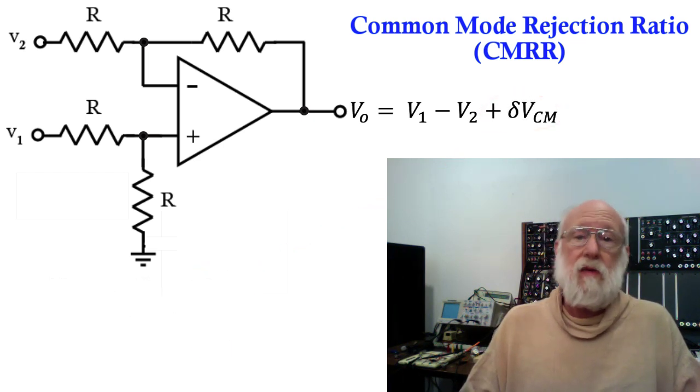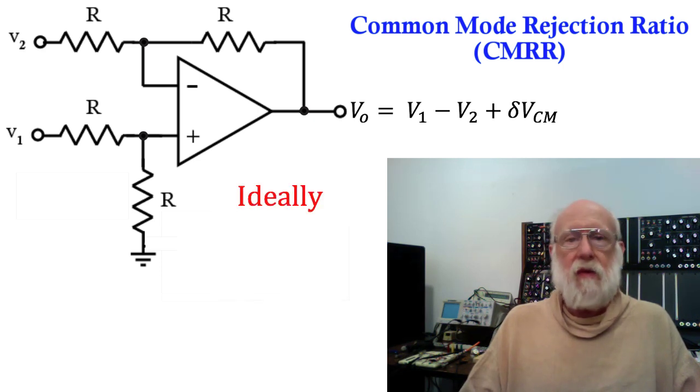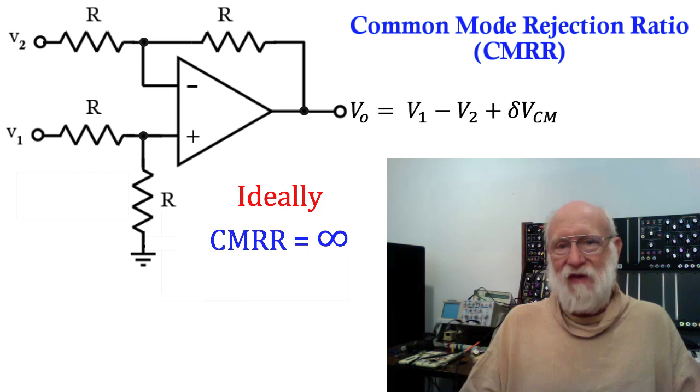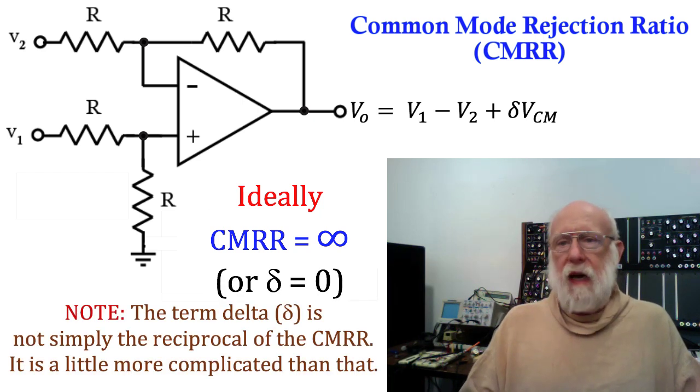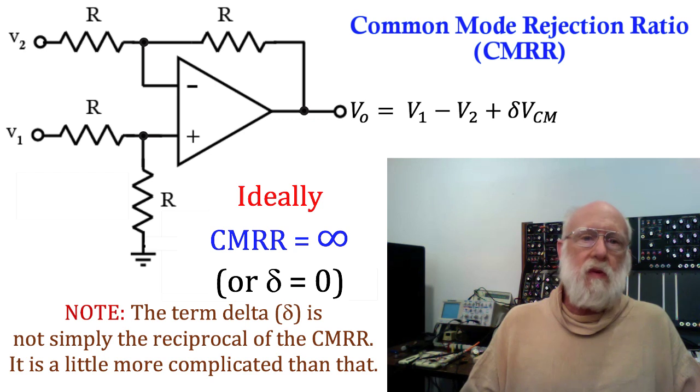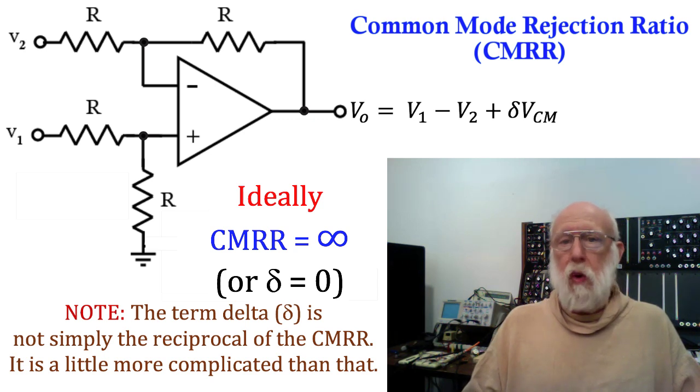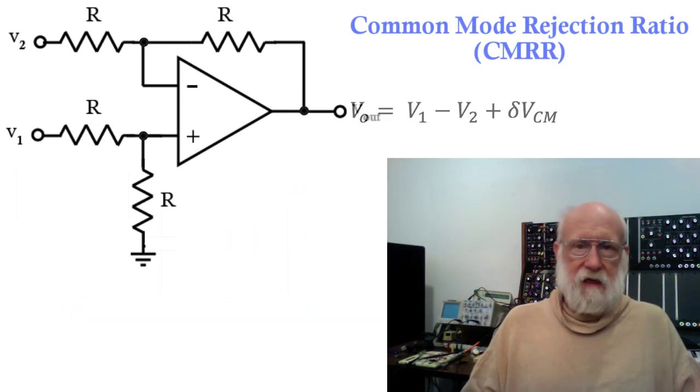Now, there are things we can do to dramatically reduce that common mode output and increase what is called the common mode rejection ratio. Ideally, common mode rejection ratio is going to be infinite, but you certainly want it to be very high. We'll talk a lot more about common mode rejection ratio when we talk about some more non-ideal characteristics in Chapter 4. But for the moment, that will suffice.